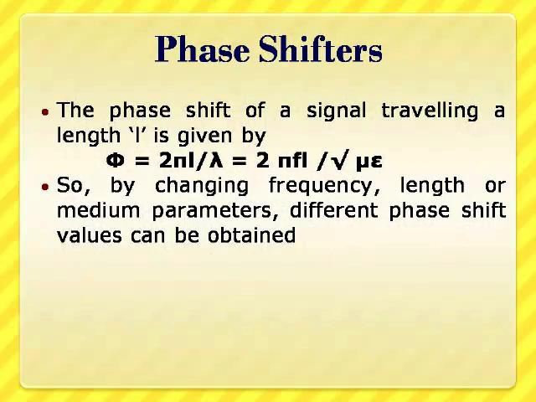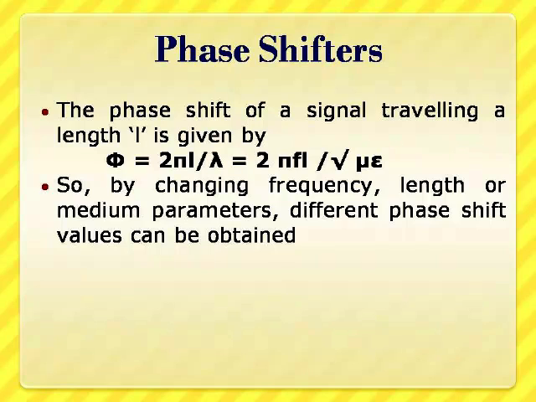Now let us try to understand the most crucial part of the antenna array, that is the phase shifter. How do we get a phase shift between input and output signals? As we see in this equation, this phase shift is provided by 2 pi L by lambda, or 2 pi F L root mu epsilon.